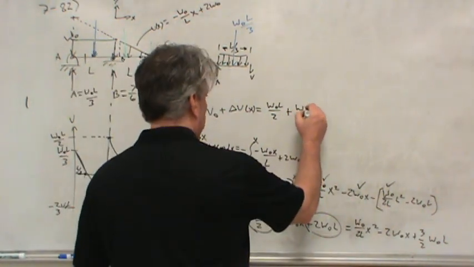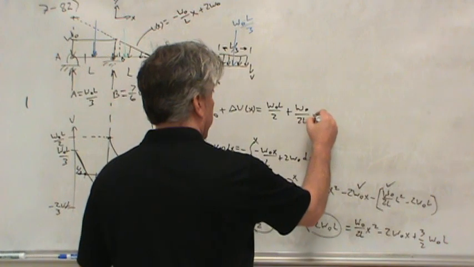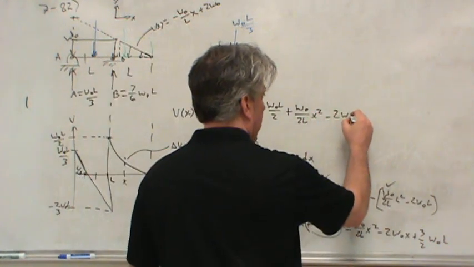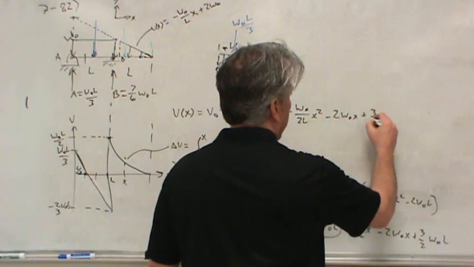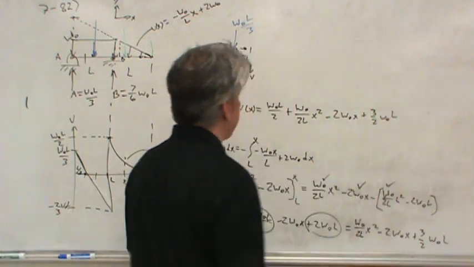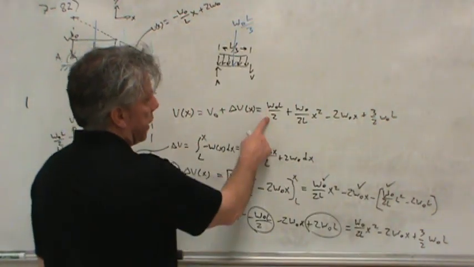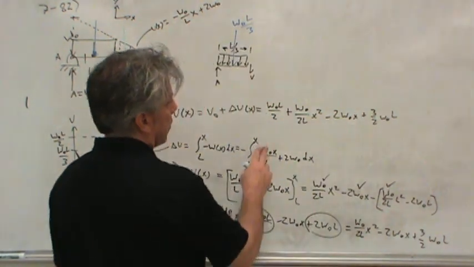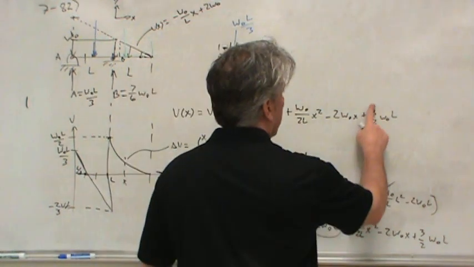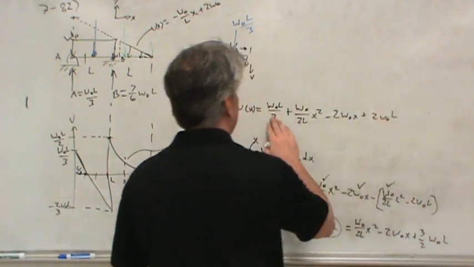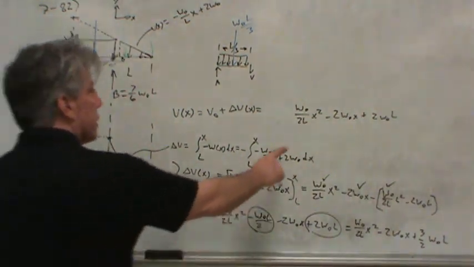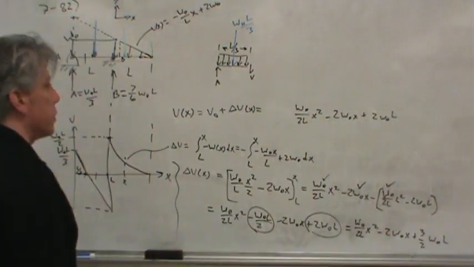So plus W naught over 2L x squared, minus 2 W naught x, plus 3 halves W naught L. So now you notice we have 1 half plus 3 halves. So guess where we are? Well, we're back to 2 W naught L. Okay. So this is the shear as a function of position.